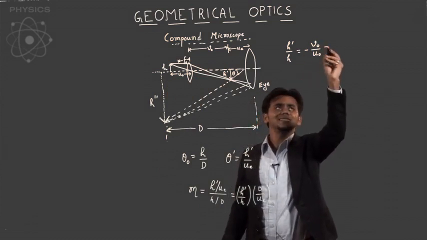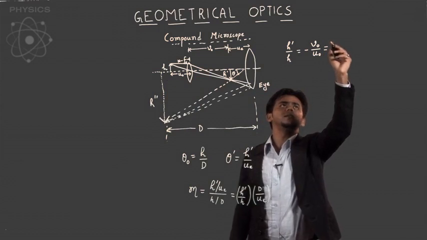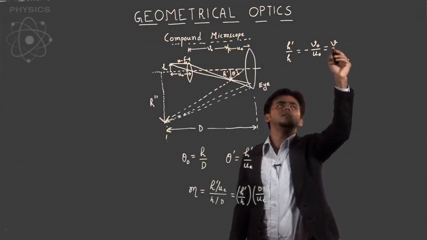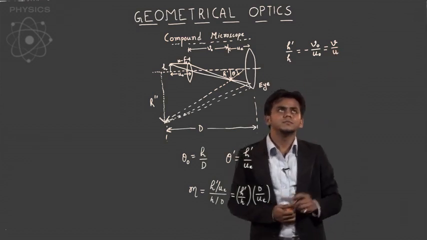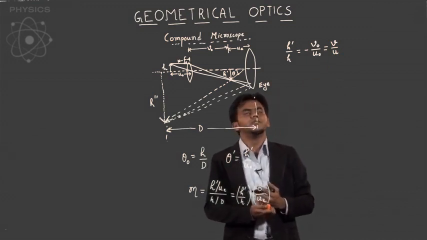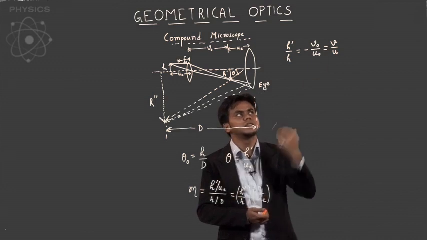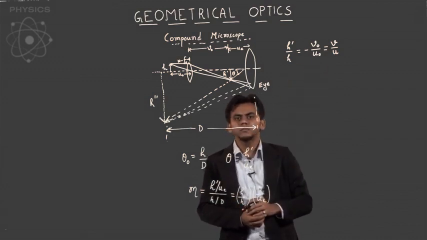What exactly is this? This is nothing but my simple V by U. That is what is happening. If I just use V, U values with sign conventions, I'll get the same thing, V by U. So h dash upon h is simply V by U, right?